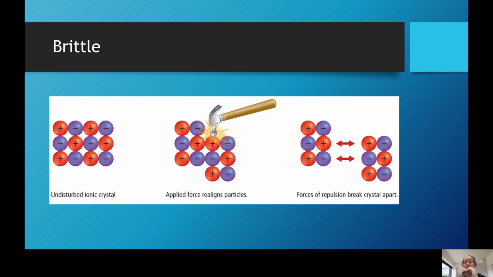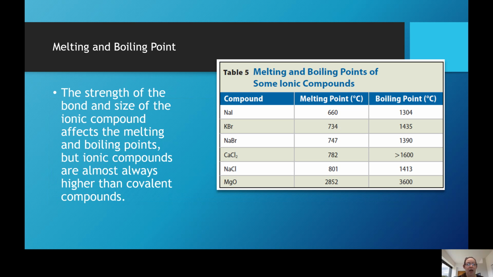And remember, like charges repel, and so that breaks apart the crystal. And that's really why ionic crystals are brittle. It's the only reason that ionic crystals are brittle, that it's relying on the electrostatic charge to stay together.